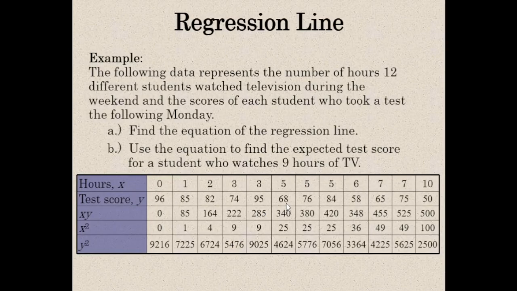Similarly we can extend this concept to other sums. Here the question is to find the equation of the regression line. This is almost the same data we have solved with correlation. Here we need to find the equation of the regression line and then predict some value: the expected test score where the number of hours of TV watching is given.